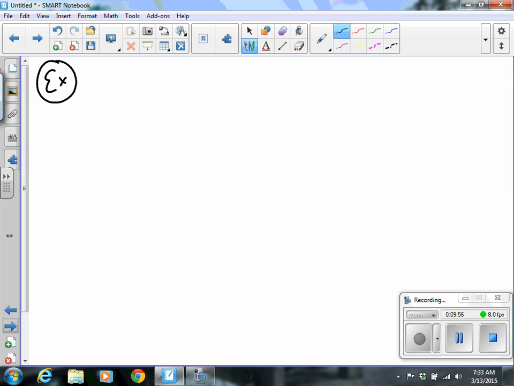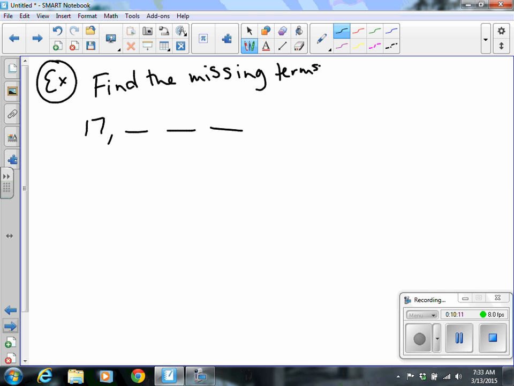So for you guys, you need to find the missing terms. So go ahead and do that. Looking at this, I know my a_1 equals 17, my a_n equals -7, my n is 5, and d is what we're trying to find.